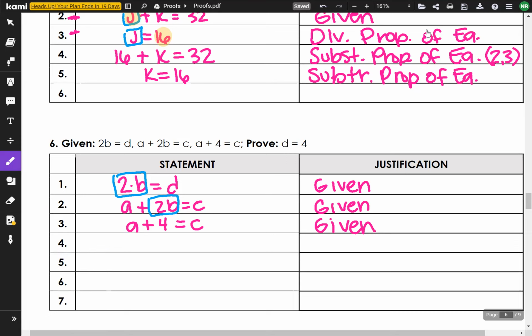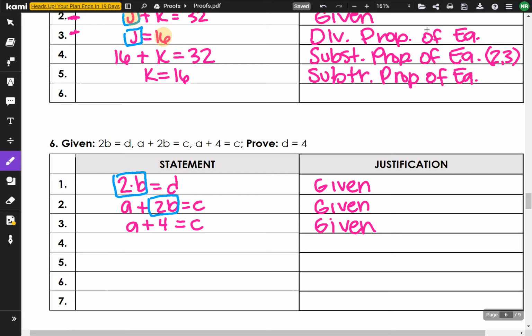Cameron, I saw what you mean, but I don't think there is a name of a property where you can just say 2b equals 4. That wouldn't be helpful in solving to get D equals 4. If 2b equals 4, then 4 equals B. Oh yeah, you're right. Okay. Anyway, we're not doing it.